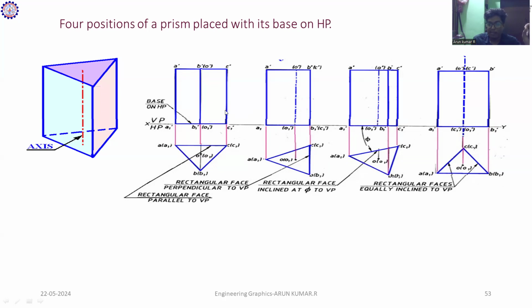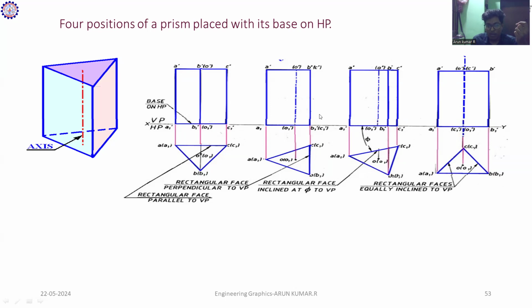In this diagram we have a lot of difference from the last diagram. In the last diagram we had only two points: A is the starting and C is the ending. But over here, A is the starting and B and C are the ending, because of the different conditions placed on the solid. Once you complete it, you consider the height value mentioned in your problem and draw the prism with that height.